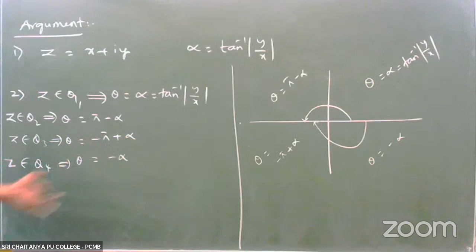You copy this one along with the diagram, let us do some problems on this argument. To find out the argument of any complex number, first of all, you should check in which quadrant it lies.